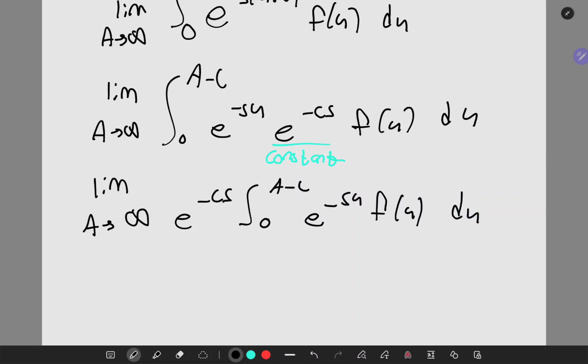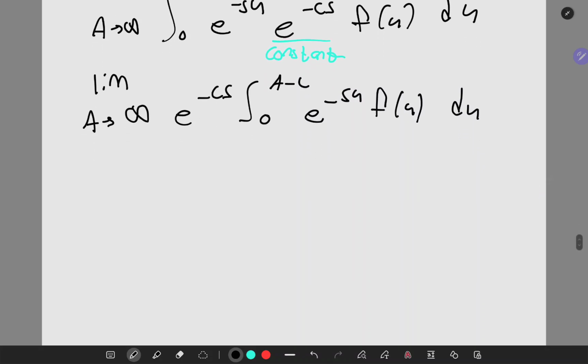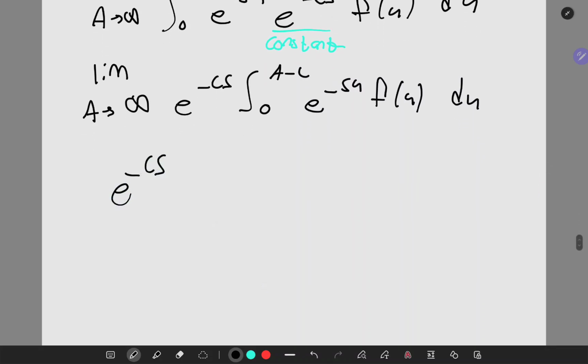Right here, if we get rid of this limit and we kind of go back a step, we can write this like this. Remember, anything like this is always just going to be equal to, why can't I draw it?